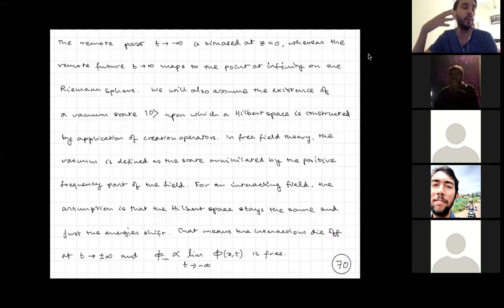So if you were to let go of those, we are trying to repackage it into something which is going to depend on what the weights of the primaries would be and what the central charge of the theory would be, and that in itself is going to give you the whole deal. By demanding, for example, that the norm of states in a particular theory has to be greater than or equal to 0, we would be able to derive some bounds on what h, h bar and c could be.